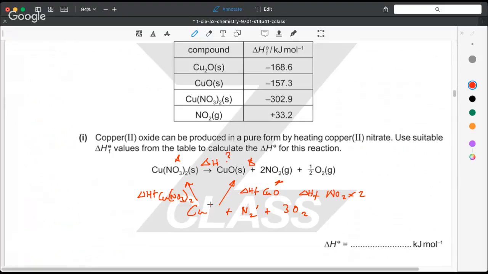You could go that way, or you could just go that way, couldn't you? All right, so A to B was that. Okay, we're going either in 2 steps or in 1 step. Hess's law.